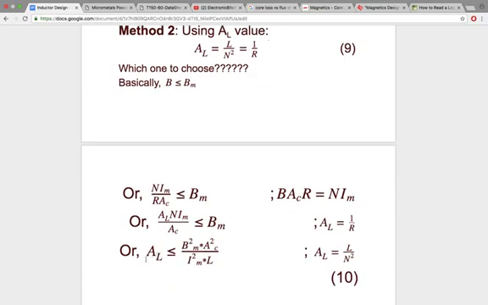If you see carefully, this is nothing but 1 by R, that is permeance. If this is not satisfied, that means this one is greater than the requirement. This is the permeance needed for getting the suitable inductance.